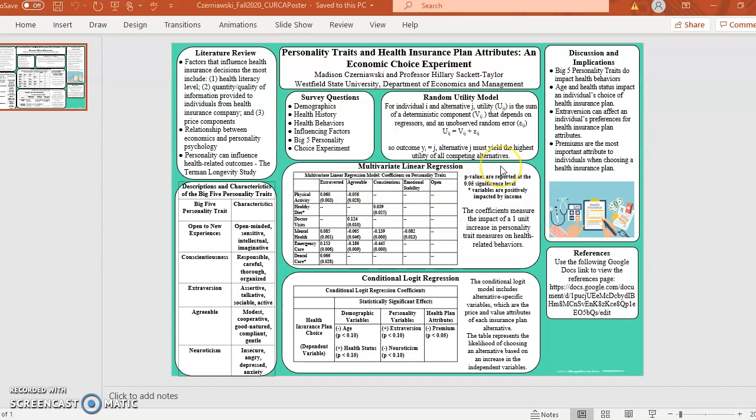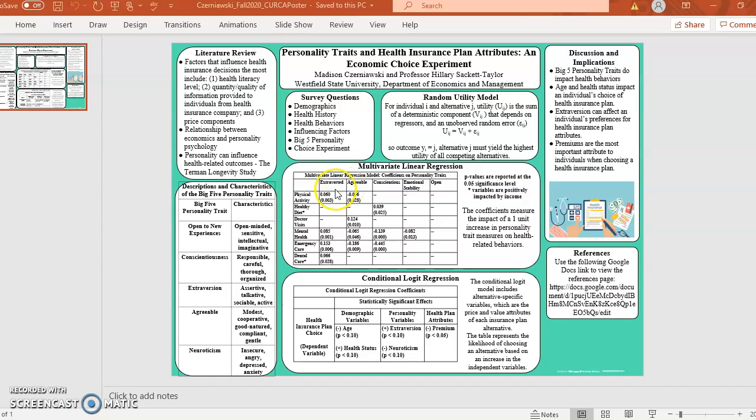And then one of the big parts of our project was a multivariate linear regression. And the table that is shown right here talks about or shows different coefficient estimates for these regressions and how they impact different dependent variables, which are listed right here. So physical activity, healthy diet, doctor visits, etc. And the coefficients listed are for each of the big five personality traits.